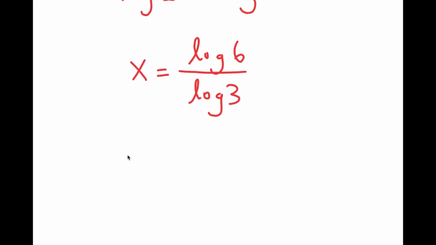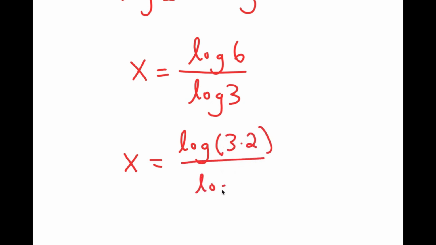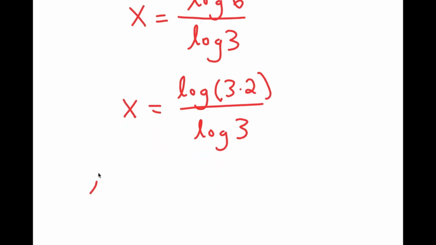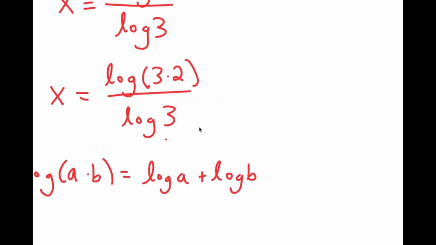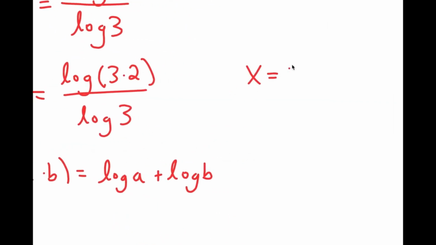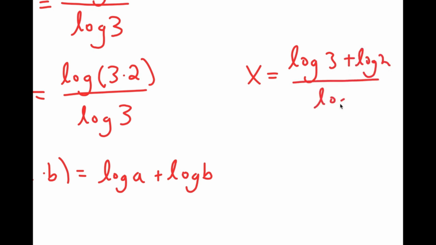Now, log 6 is the same thing as log of 3 times 2. And if I have something in the form log a times b, this is equal to log a plus log b. So log 3 times 2 turns into log 3 plus log 2, and I have this over log 3.